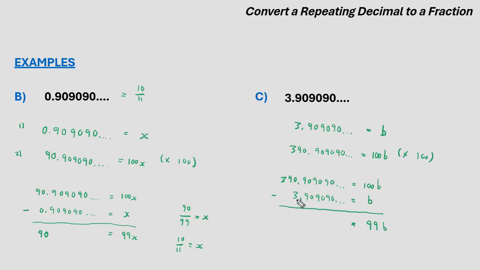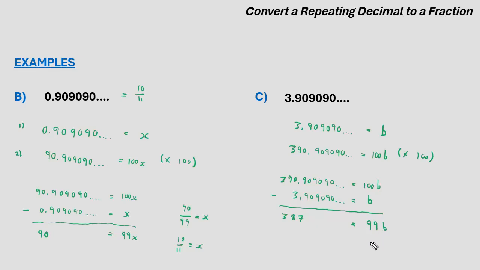And on the left side, it's the same as before. The decimal expansion will disappear, and we're going to be left with 390 minus 3, which is 387.